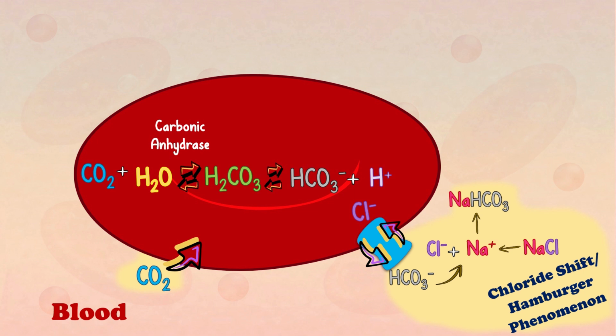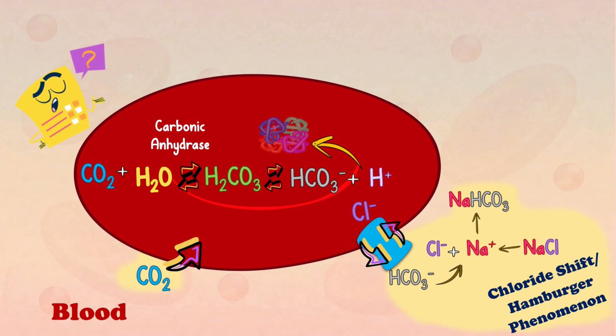In this way, it is transported in the blood. While most of the hydrogen ions dissociated from carbonic acid combine with hemoglobin in the red blood cells, because the hemoglobin protein is a powerful acid-base buffer, maintaining the pH of blood.